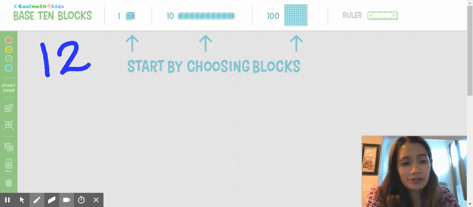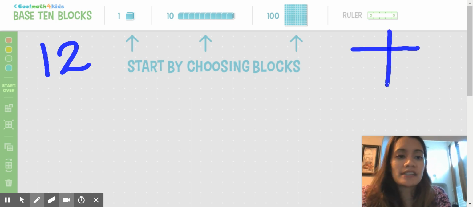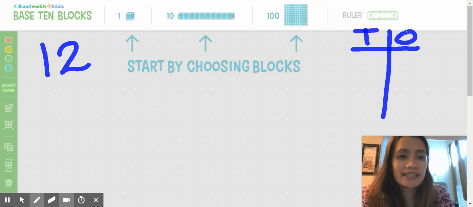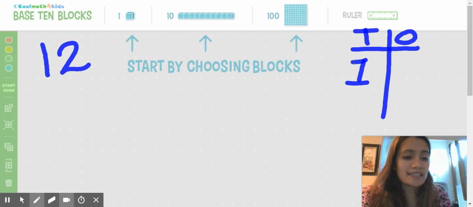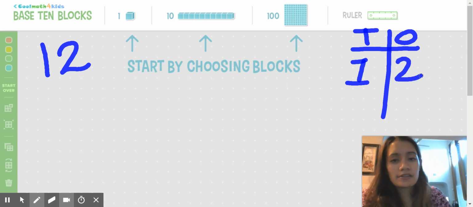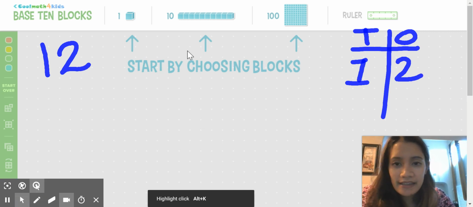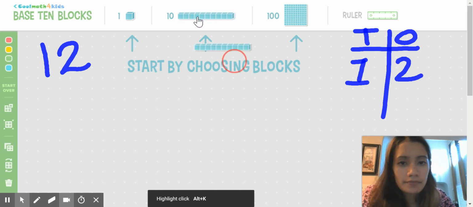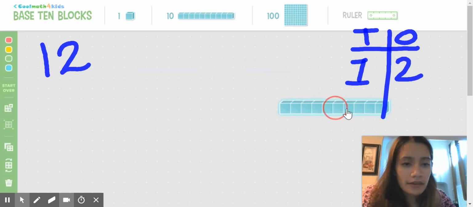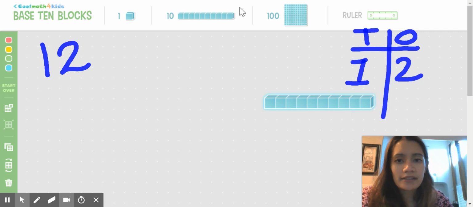One way that you can build the number 12 with your base 10 pictures, and you see at the top I have base 10 pictures, you had to break that up into tens and ones. So the 1 would go in the tens place, and the 2 represents 2 ones. So if I went up to my base 10 blocks right here, and I chose a rod, that's 1 rod.